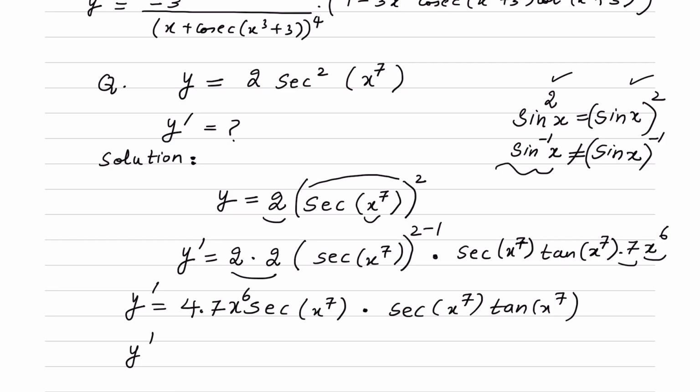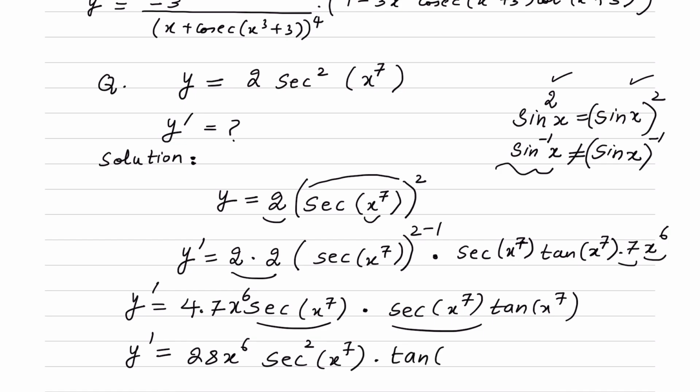So we have y dash is equal to 28 x to power 6, this secant x and this secant x, let's write it as secant square x to power 7 into tan x to power 7. So we have found the derivative of y equal to 2 secant square x to power 7.